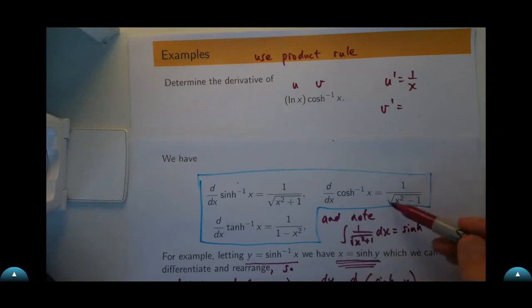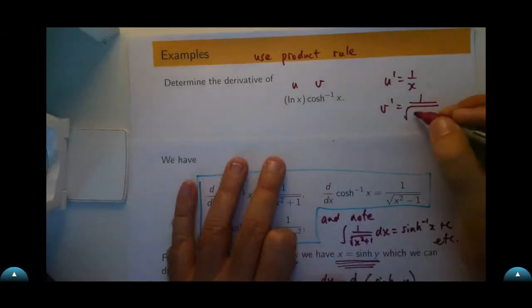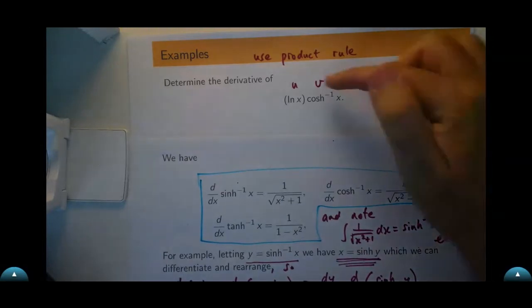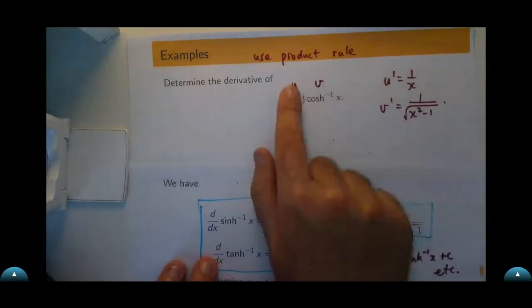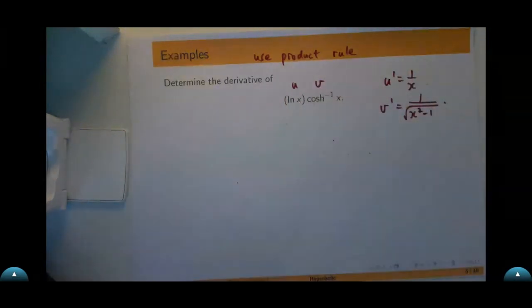So it will be 1 on root this thing. So now it's just a matter of applying the product rule. That times that plus that times that.